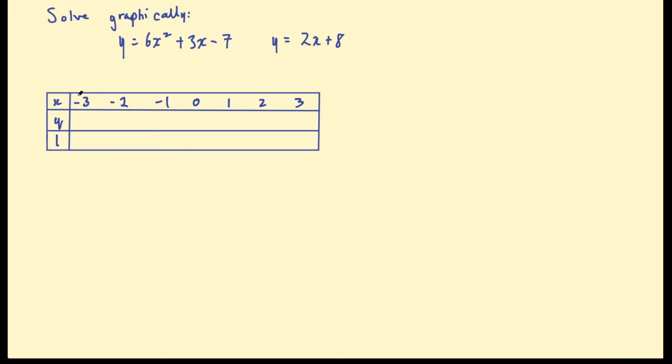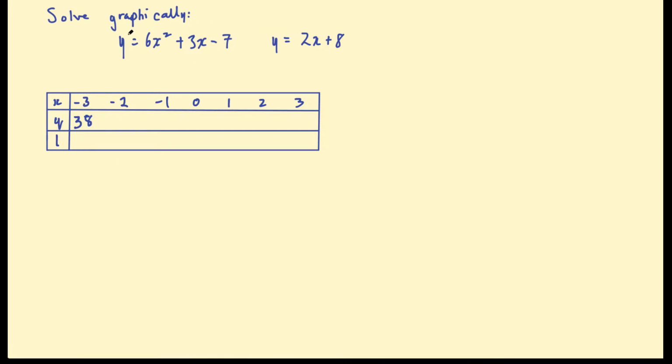So 6x squared, 6 times 9, 54, take 9, 45, take 7, 38. 54, take 9, 45, take 7, 38.